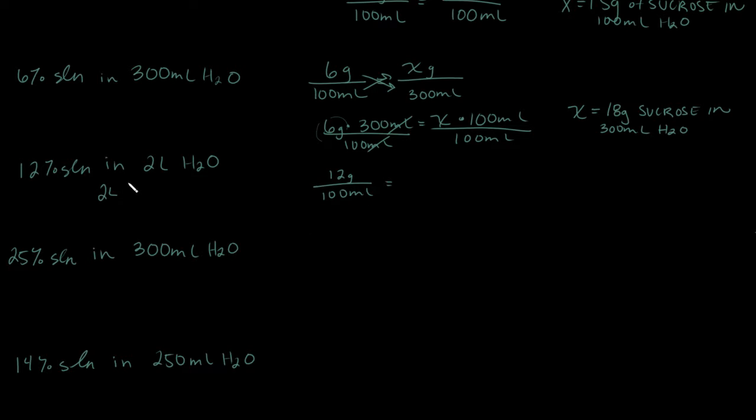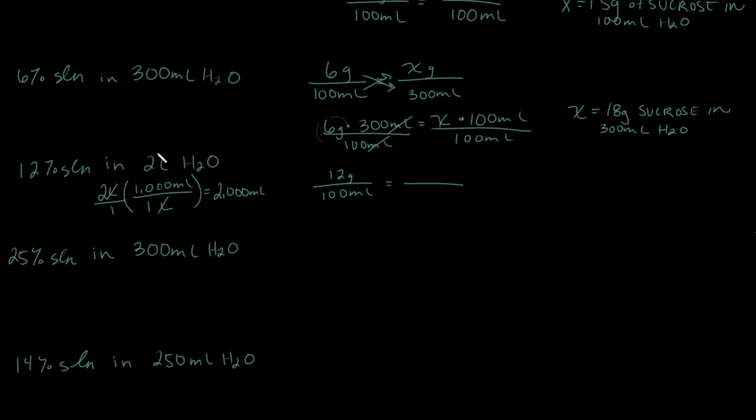We have 2 liters, and then we have a conversion factor of 1,000 milliliters over 1 liter. Since we have the equivalency factor of 1 liter is equal to 1,000 milliliters, all I'm doing is changing the units, but 2 milliliters is not the same as 2 liters, right? And so we have 2,000 milliliters, and that's what we're going to use to plug in over here.